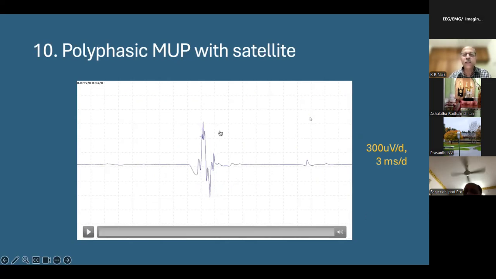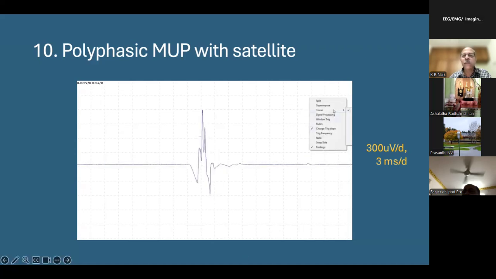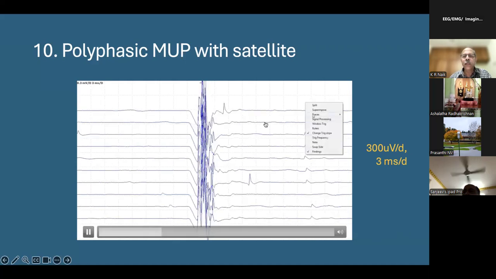So what is seen is we have polyphasic. Everybody would have identified this. There are two more findings which are to be seen. Cascade display.